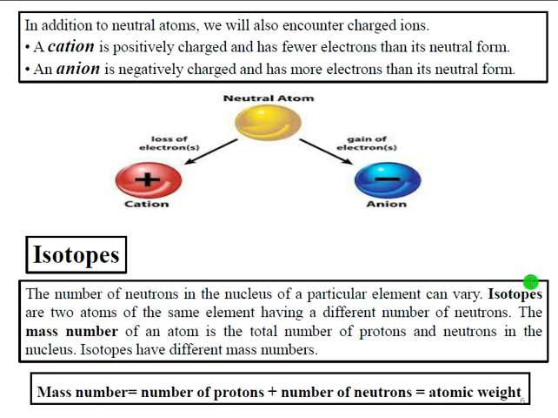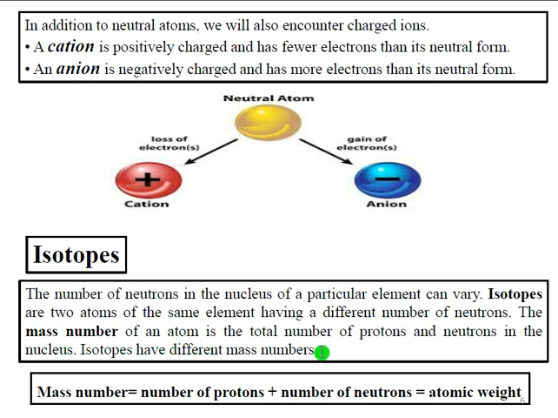Isotopes are 2 atoms of the same element, meaning for example carbon, having a different number of neutrons. That means we have, for example, carbon 12 and carbon 13, both of them carbon, but the mass number is different. The mass number of an atom is the total number of protons and neutrons in the nucleus.